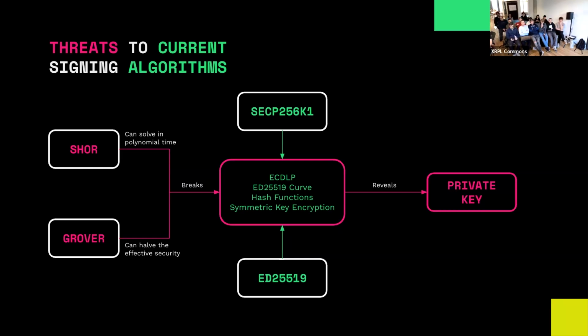For example, it can convert security of a 256-bit signature scheme to that of 128, therefore potentially halving the effective security, which would indirectly reveal the private key. So when quantum computers or the Q-Day happens, these algorithms would be major threats to the current encryption schemes.